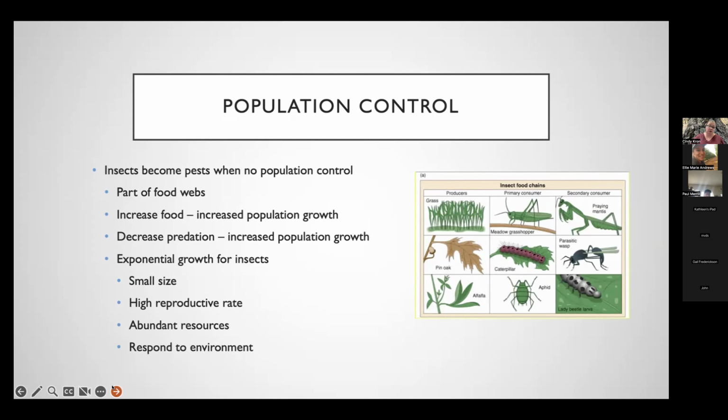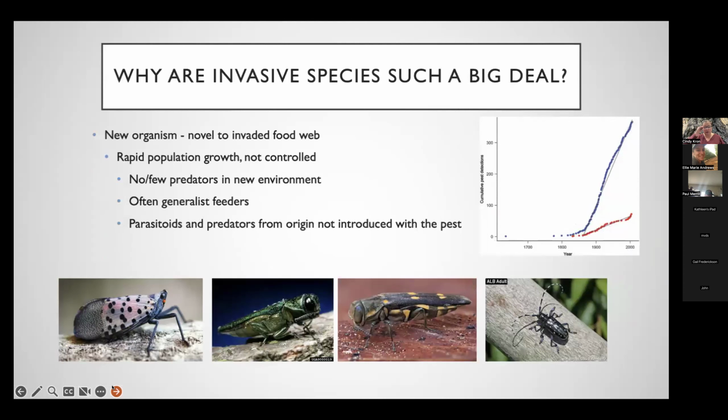If you reduce your biocontrol out there, you're going to have increased population growth. Exponential growth for insects: they have small size, high reproductive rate, abundant resources, and respond to the environment. And this helps them be able to increase exponentially out in the fields. So why are invasive species such a big deal?